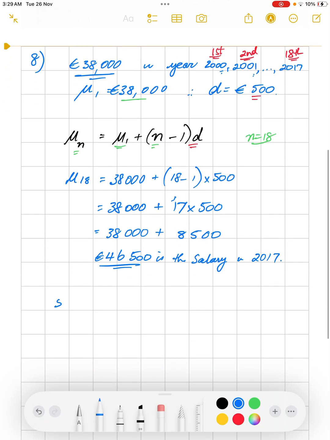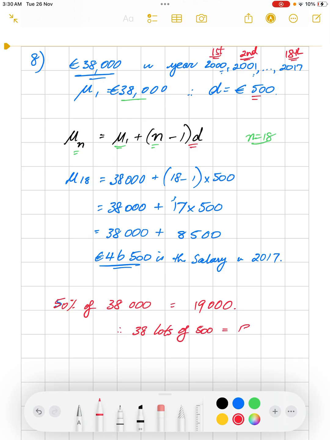Well, let's just work out what is 50% more. So 50% of 38,000 is 19,000, and we want 19,000 more. Well, you can do this a few ways. You could just do it using logic and say, well, to get 500 a year, you would need 38 lots of 500 to get 19,000.